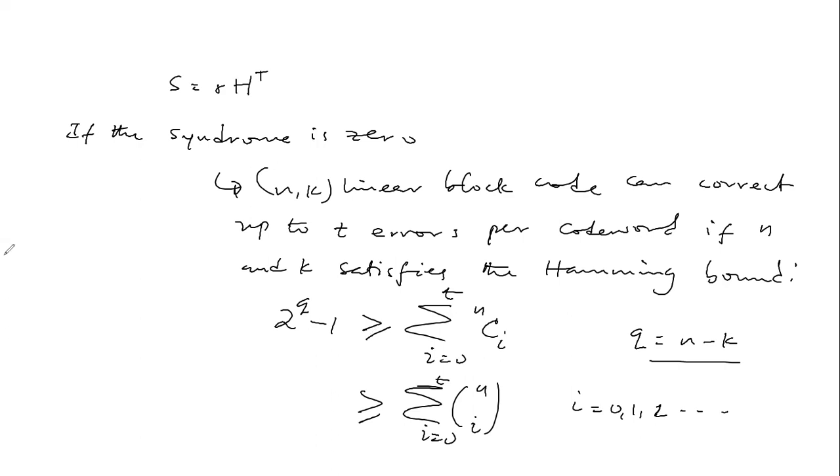So if, for instance, we know K, we know Q is the same as N minus K. So if, for instance, 2 to the power of N minus K minus 1 is the same as sigma I equal to 0 to T, N combination I, we say this is a perfect code.